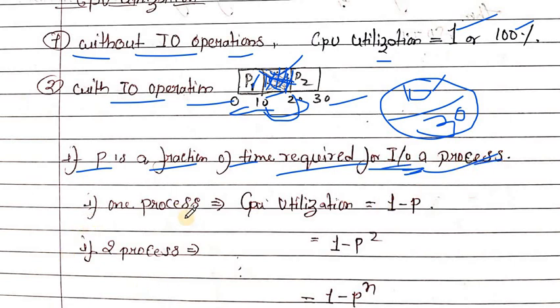So if there is one process in the CPU, then the CPU utilization is 1 minus P, where P is the time the process consumes in waiting or input output operation. The CPU utilization happens only from 0 to 10 and 20 to 30. So it is 1 minus P. If there are 2 processes, then it becomes 1 minus P squared. If n processes, then it becomes 1 minus P to the power n.